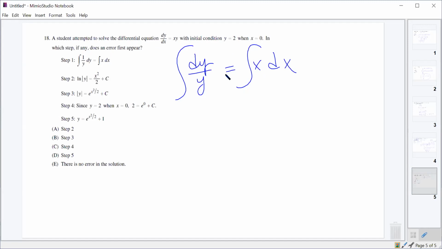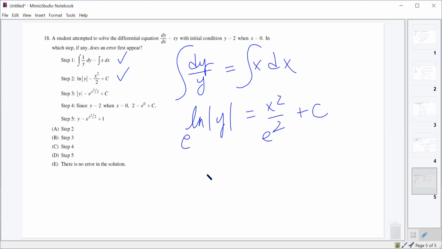So step 1 looks good. Step 2 should be natural log absolute value y. That looks good. Should be x squared over 2 plus some constant. That looks good. All right. Perfect. Then we should exponentiate. So e to the natural log equals e to the x squared over 2 plus c.